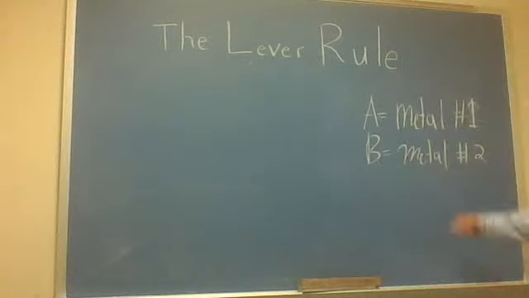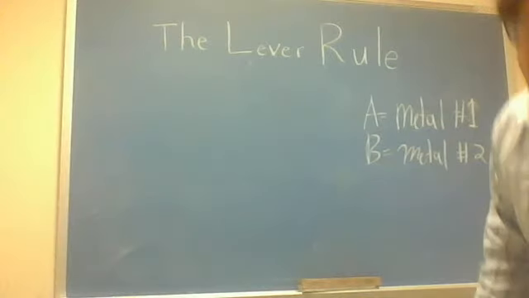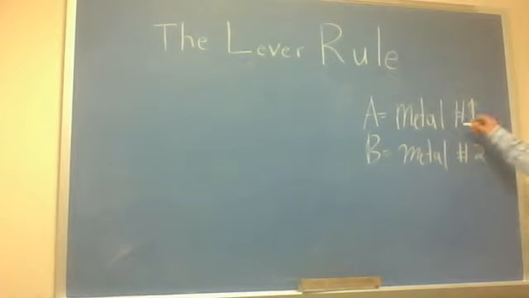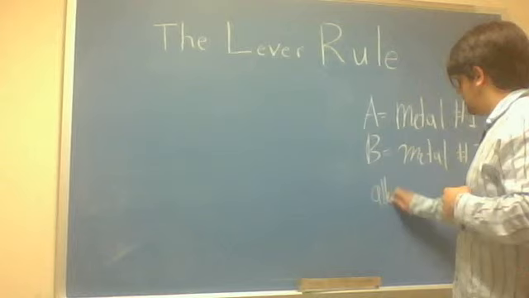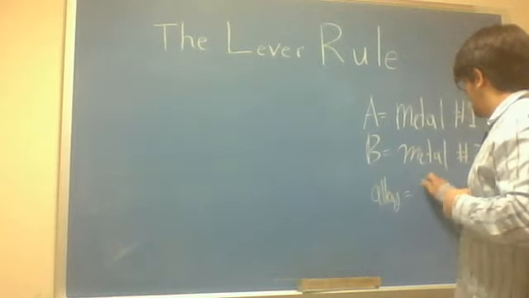And suppose these two metals were to form an alloy. The alloy would just be AB.